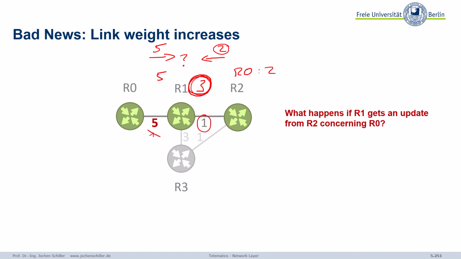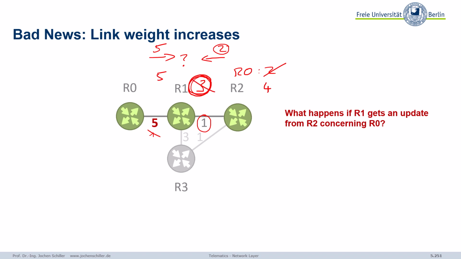Okay. But obviously this is stupid, because you don't go via R2 to R0, because what happens in the next step? As soon as R1 tells I see R0 via 3, R2 will update this and say, oh, now I see it via 4.